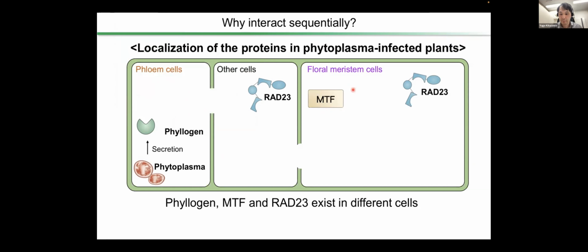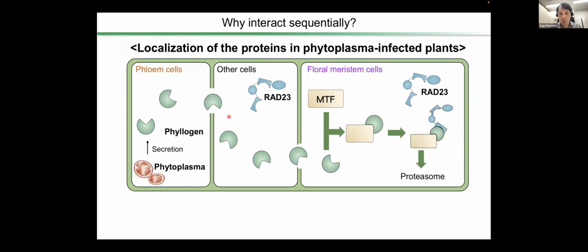Thus, the effector may move to floral meristem cells and interact with MTF. During the movement, it must pass through other cells where RAT23 exists but MTF does not. Thus, minimizing the interaction with RAT23 in the absence of MTF is for the efficient movement of the effector. This is my speculated model.